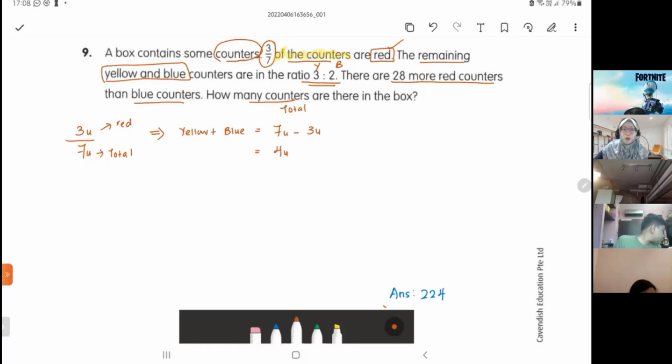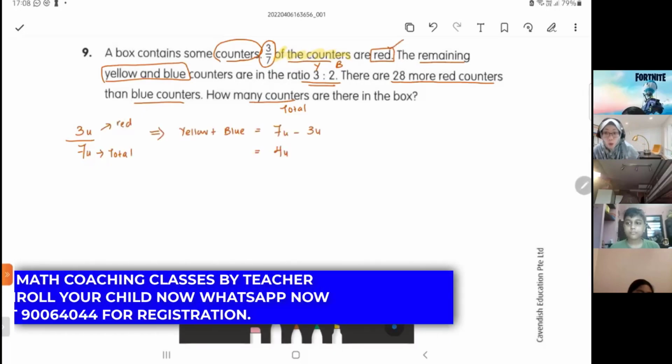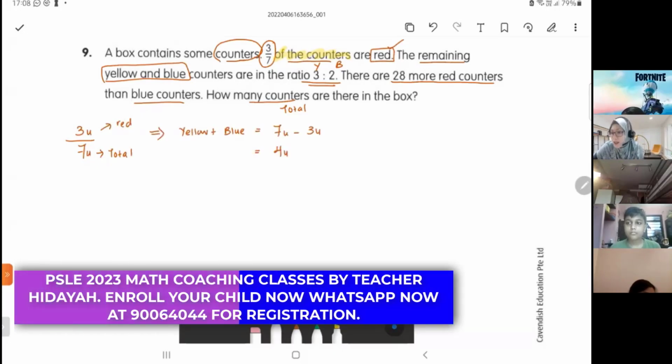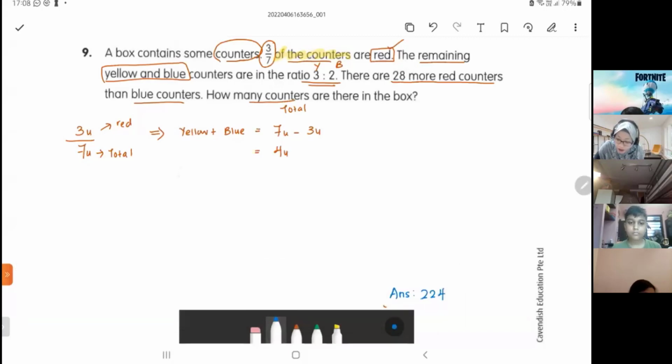Now, what are we going to do? I'm going to put them out, and then we can find out who is repeated. This is a repeated identity concept, okay? So we have here red is 3, yellow plus blue is 4.